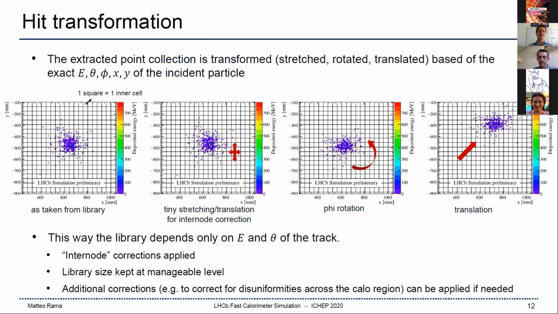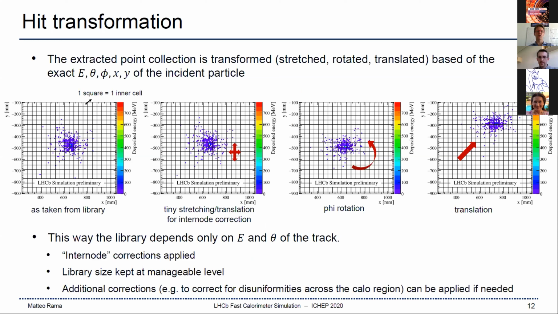Okay. So once we have picked a hit collection from the library, before being used these points are transformed to match the characteristics of the incident particle.